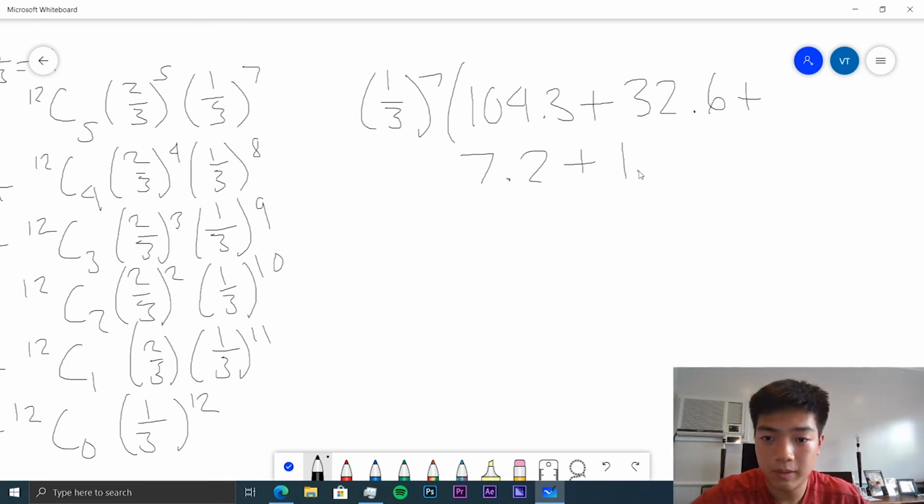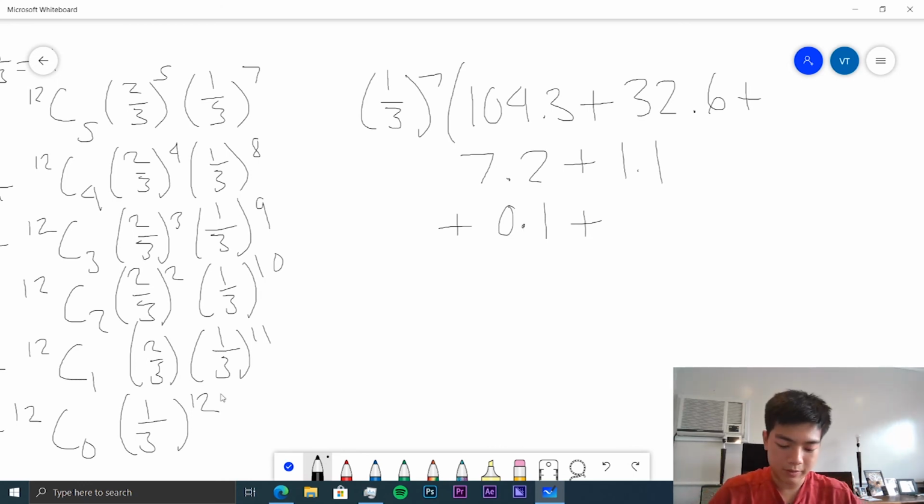This is 1.1, and then we have to add 12 times 2/3 times 1/3 to the 4, which is 0.1, and then plus an insignificant number, 12, 1/3 to the 12.